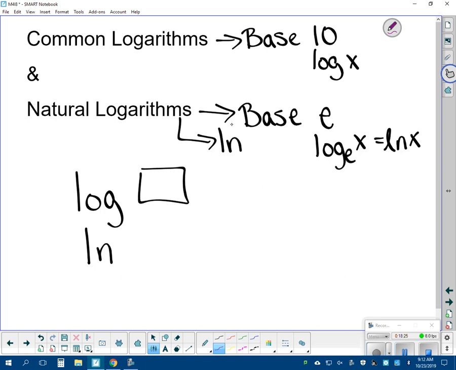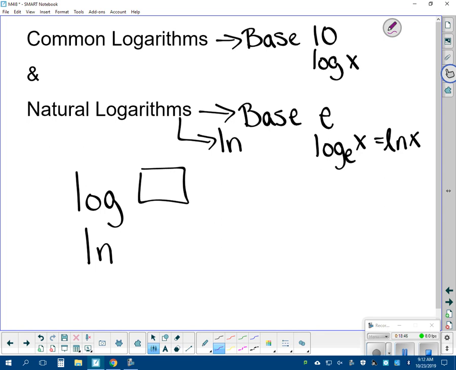Because those come up so often, they have their own special notation. Notation without a base, and then ln. But if you're using an old calculator or a less advanced calculator, you will only be able to do common logs and natural logs. Our calculator is really nice, that yellow one, that it can do any base.